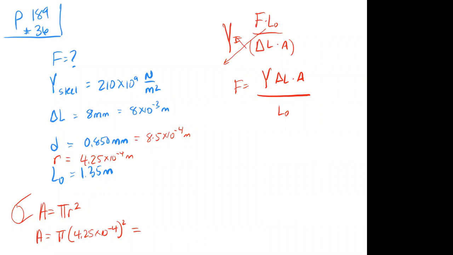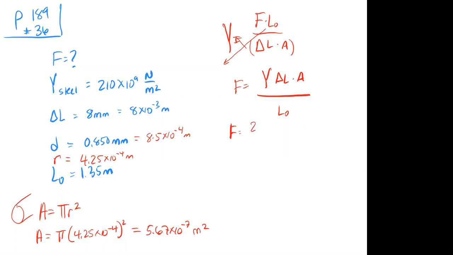I got 5.67 times 10 to the minus 7 meters squared, tiny.